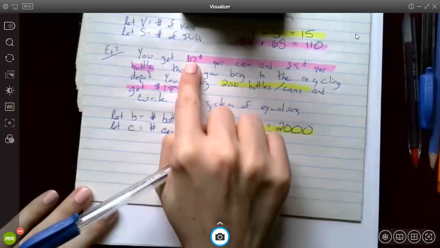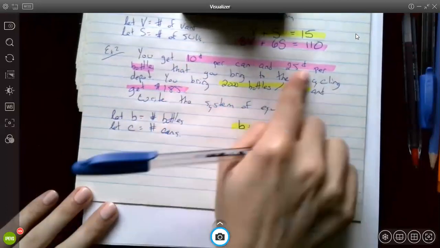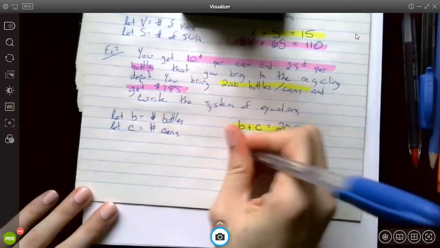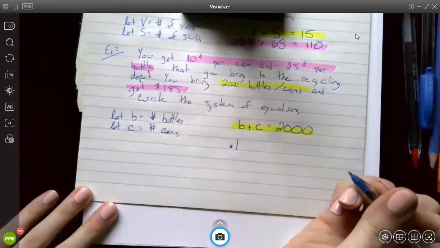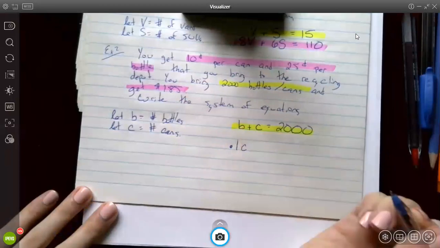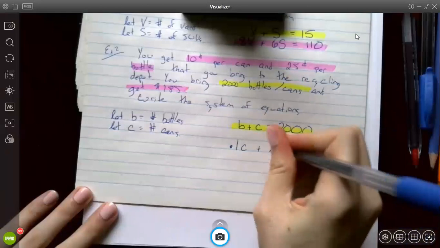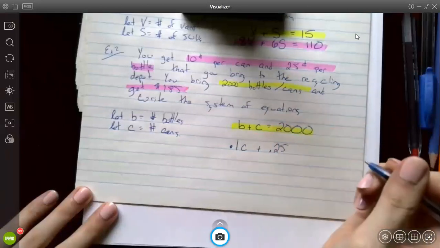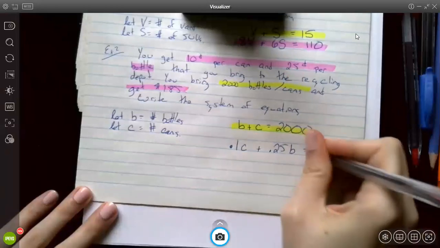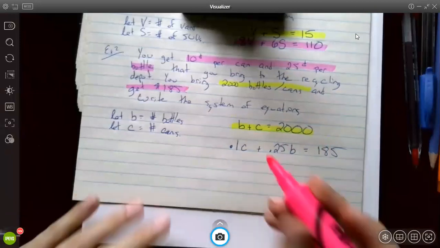So I have cents and dollars. In order to make these all the same, I can turn 10 cents into $0.1. So 0.1 times the number of cans, plus 25 cents, which can be written as 0.25, a quarter of a dollar, times the number of bottles will give me the total amount of dollars that I earned by doing this.